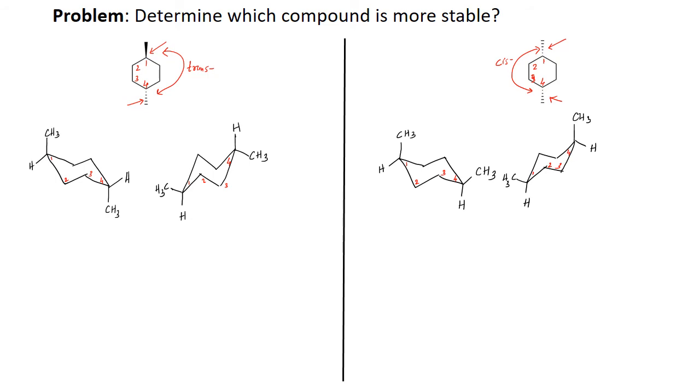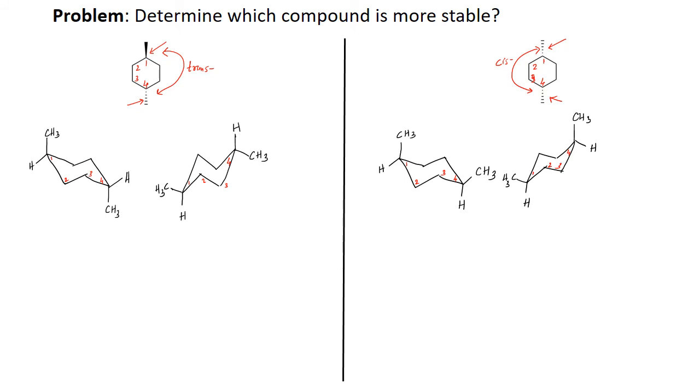So now that we have both possible conformations for these cyclohexane molecules, let's focus on this cyclohexane on the left hand side, which is the trans dimethyl cyclohexane.